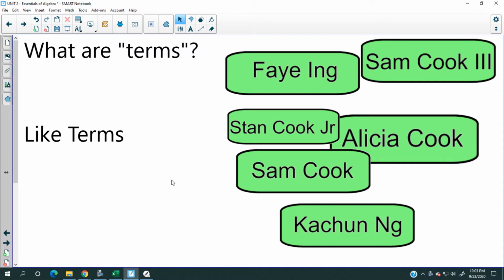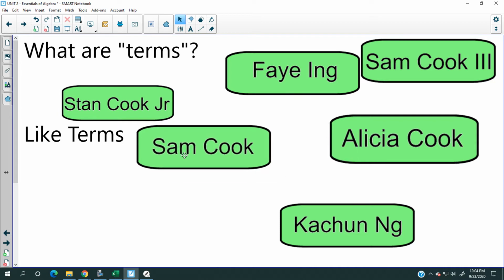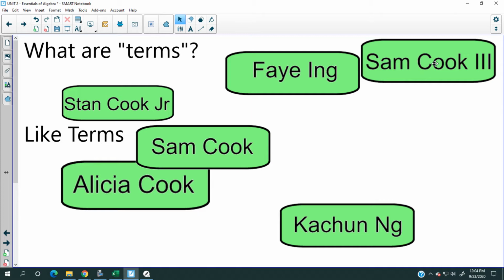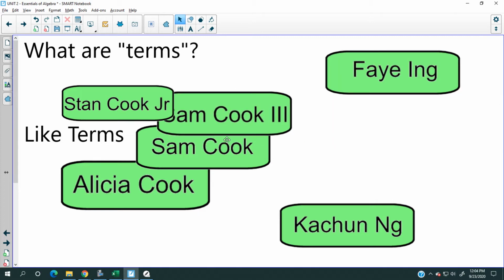The best analogy I can give you is, let's say you have to group people by families. One of the first things you would look at is their last names. Now I understand some of your cousins have different last names. I'm not disagreeing with you on that. So let's say we would put these four members of the same family together because they have the same last name: Cook, Cook, Cook, and Cook.